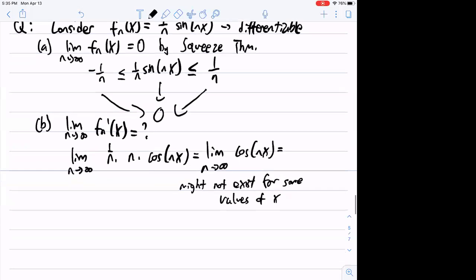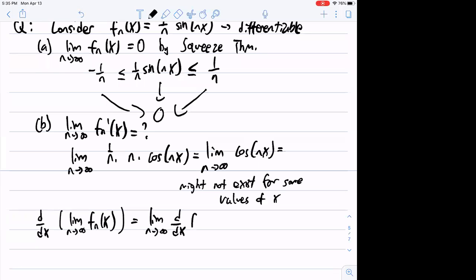Because basically the question was, can you swap limit with derivative? So is d/dx of the limit equal to the limit of the derivative?